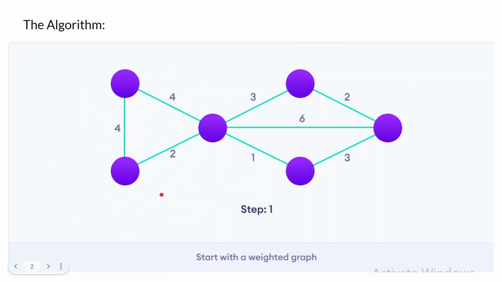It's as simple as that. So how do you solve this? As I said, you're just going to find the shortest path between the source node, and any node can be considered as a source node, and every other node in the graph.